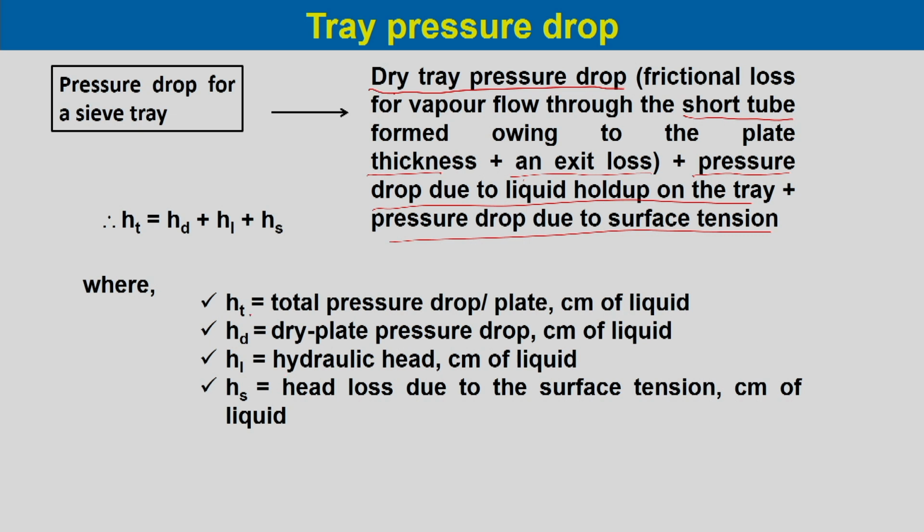So, the total would be the dry plate pressure drop, hydraulic head and the head loss due to the surface tension. These three pressure drops are added to get the total pressure drop in a sieve tray.